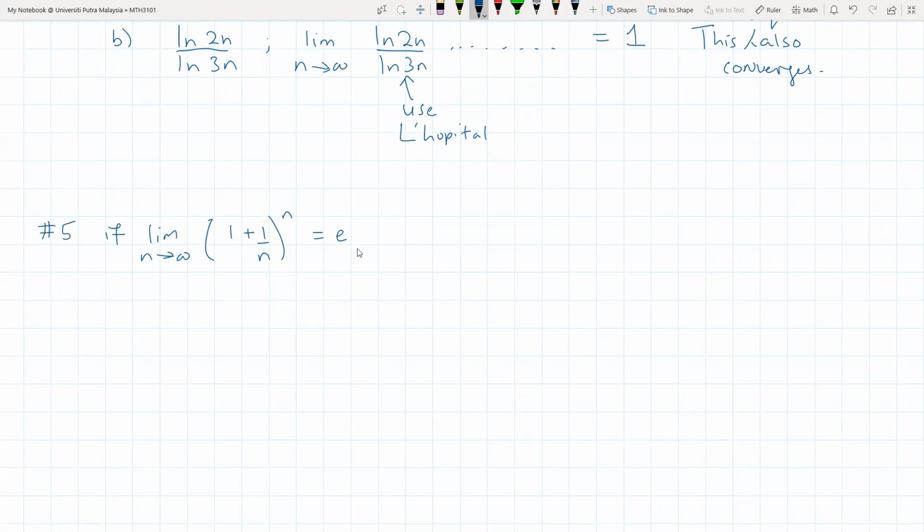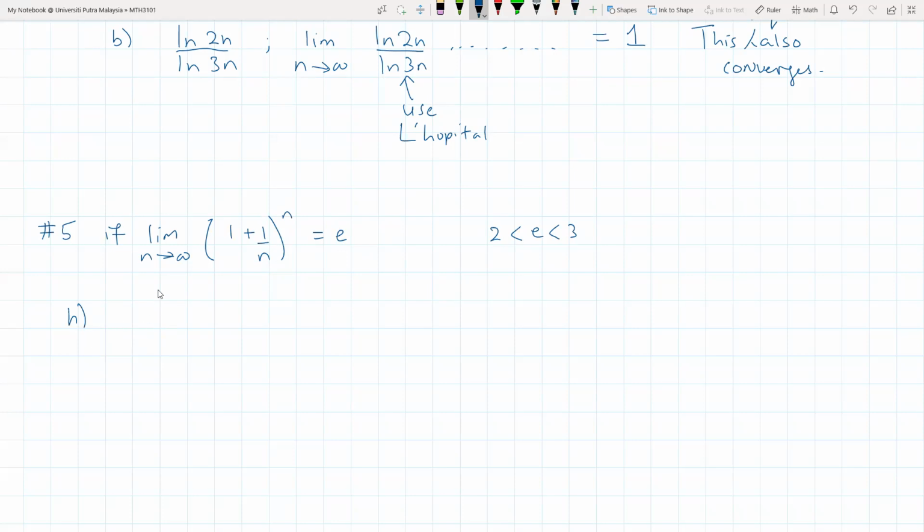If you remember, we did derive this sequence, and e is between 2 and 3. So this sequence converges to some value. All right.